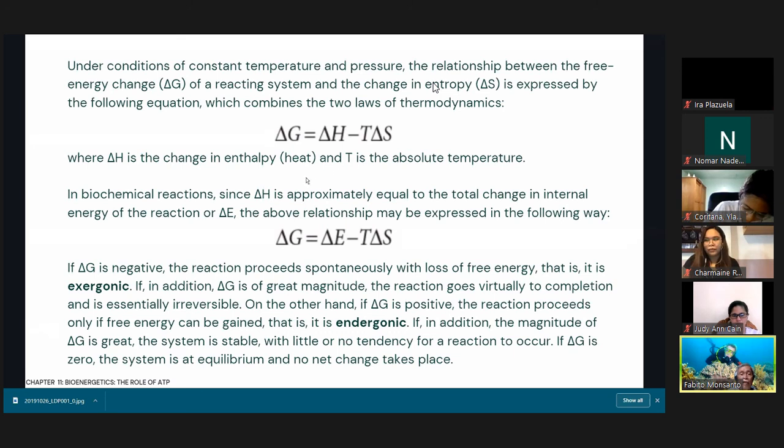All right. So let's go to the next one. Delta H is the change in enthalpy, and T is the absolute temperature. In biochemical reactions, this is approximately equal to the internal energy of the reaction.